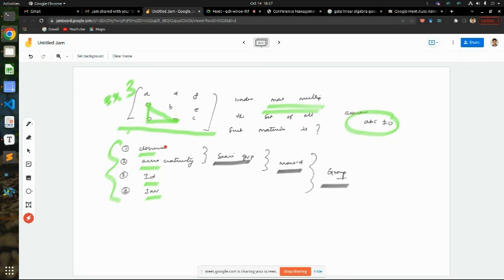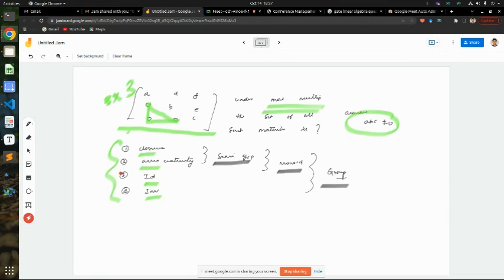Closure means that whenever you take any two elements in the set and apply the operation on those two elements, the result should also belong to the set. Right? Now for this question we saw closure trivially holds. Second property is associativity. This also trivially holds because it holds for any matrices in general, and for associativity to hold, upper triangular is nothing special or anything.